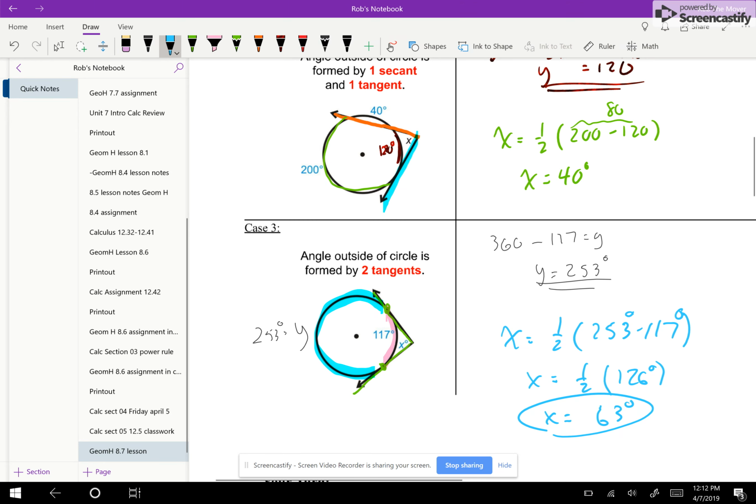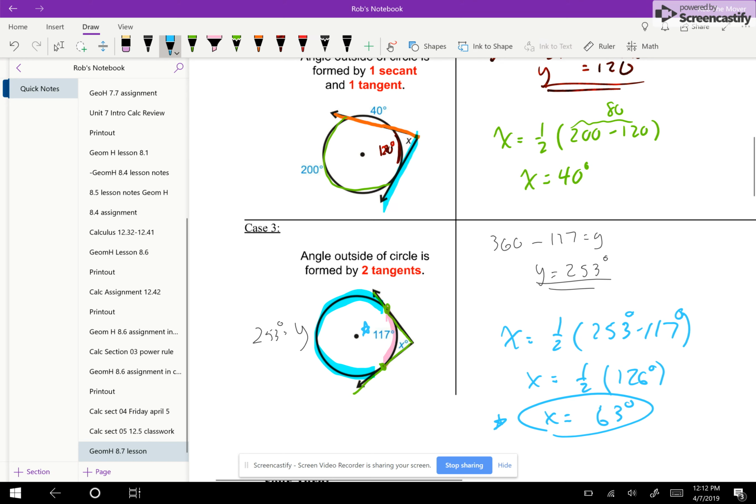Now, as an extra credit for those of you actually paying attention, 63 and 117 have a certain relationship. Add them together. Tell me what they are. Write it out by hand. What's the relationship between this inner arc and this measure X? They both add up to what?